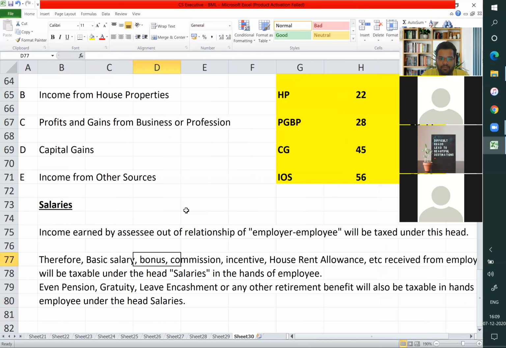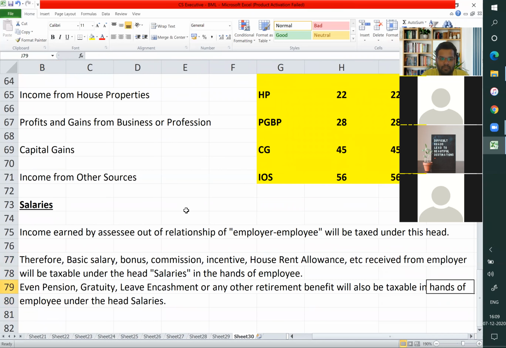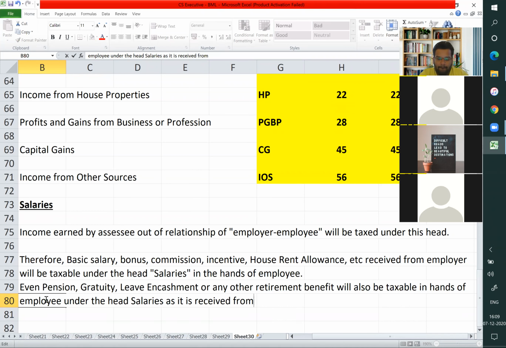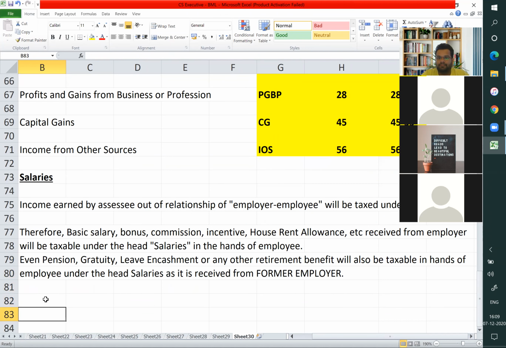Yes, absolutely. Why is it taxable under the head salaries? As you know, it is received from the former employer. Now, can you guess?